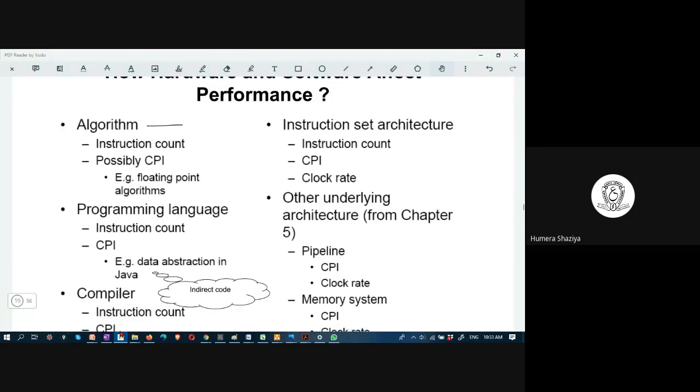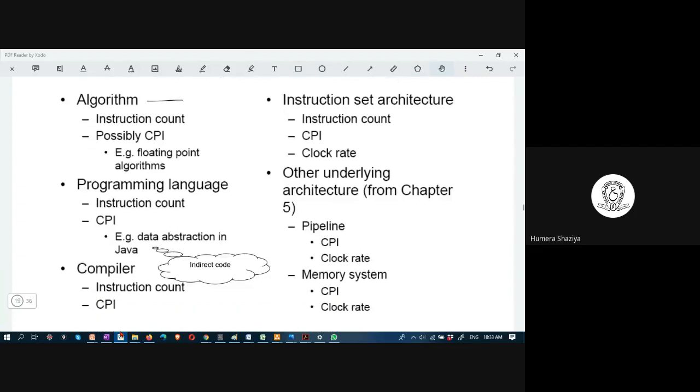Programming language. Now you are learning the C and Java programming languages. If you could write a program in 10 lines in C, you could write that in 2 lines in Python, which you will learn in your next semester.